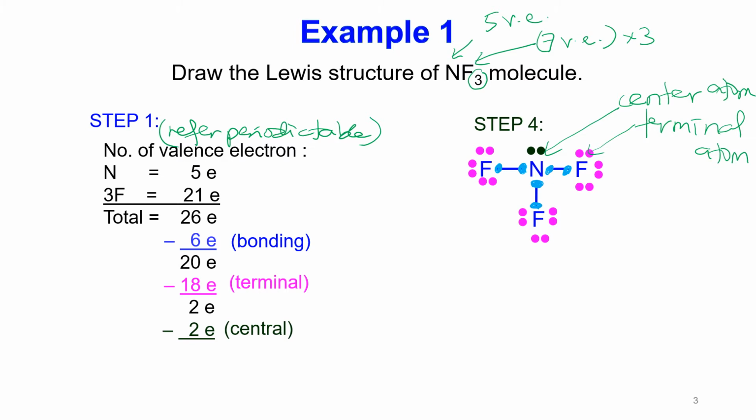Terminal refer to 3F, 3 fluorine. Center refer to nitrogen. So this is the Lewis structure of NF3.